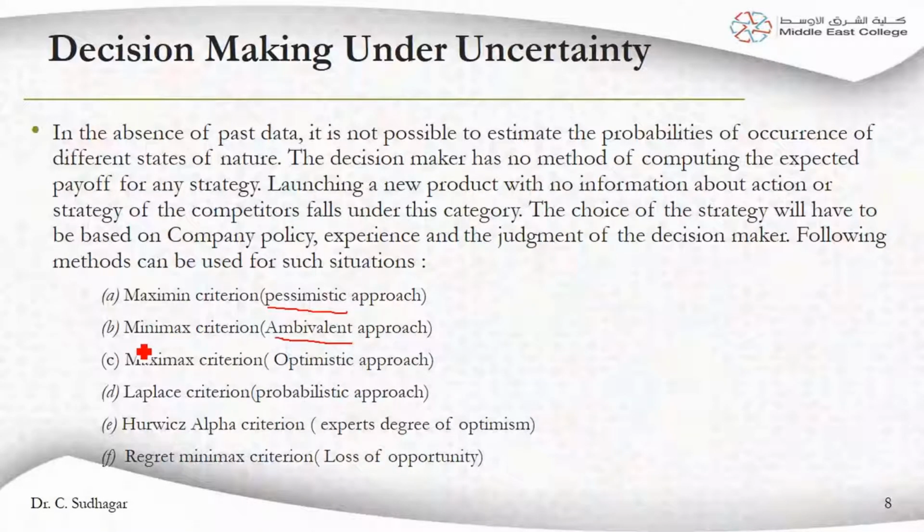So remember this word. Pessimistic means we think the best will happen in the worst case. We take the minimum values, and out of the minimum values we take the maximum possibilities.